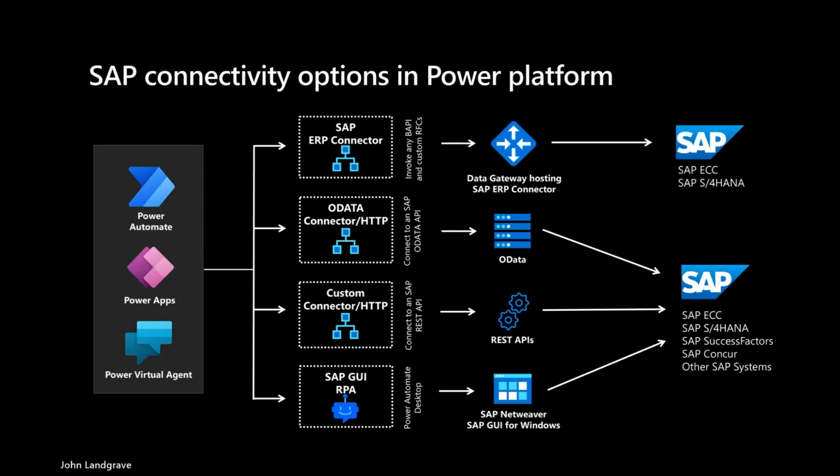So this gets me to ECC or HANA. What about the other SAP properties? It's important to understand that other than ECC and HANA, the other properties like SuccessFactors, Concur, and so on were acquisitions. Those acquisitions have been made to function and interoperate with ECC and HANA, but in many cases have vastly different implementations of API calls and those kinds of things.